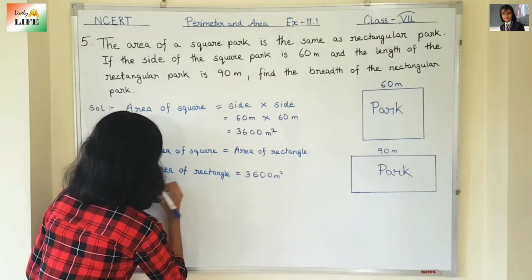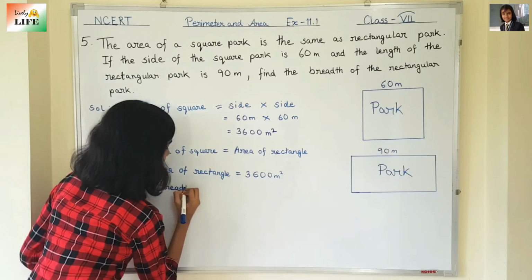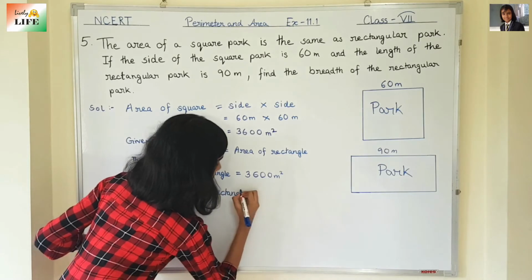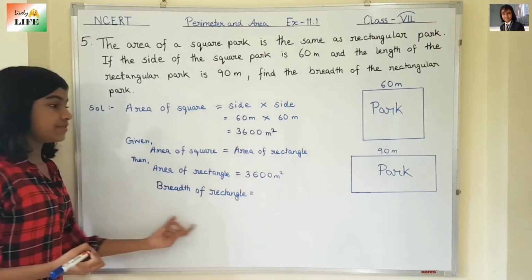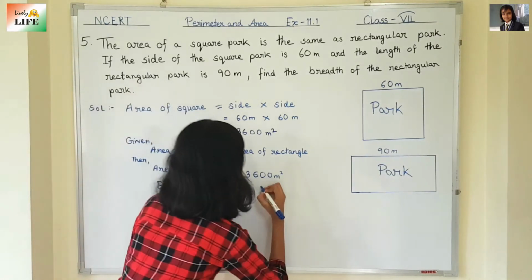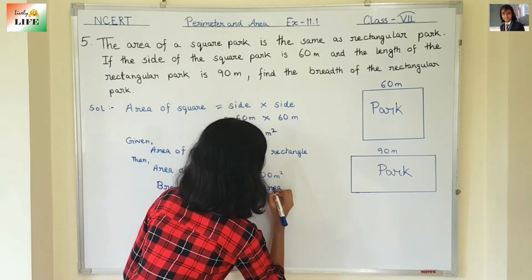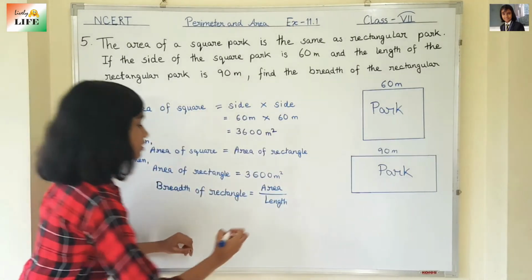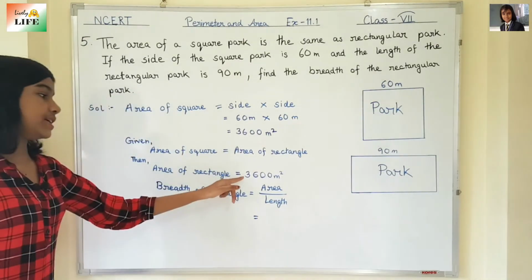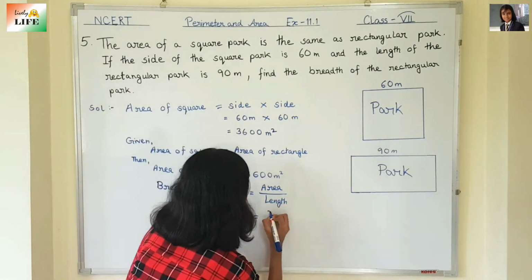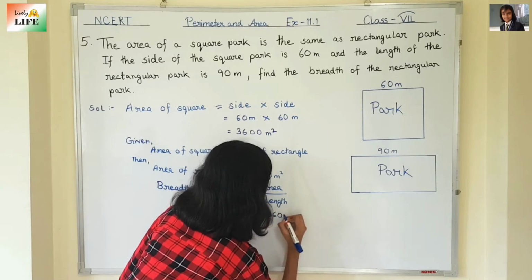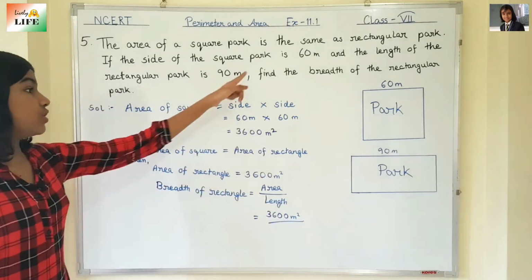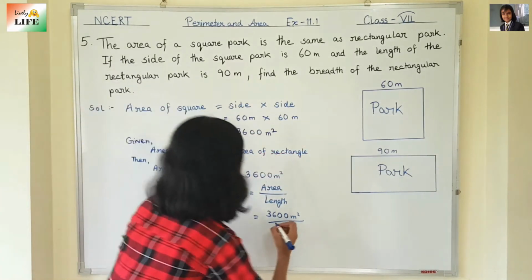Breadth of rectangle is area by length. Right? What is the area? It is 3600 meter square. Meter square by what is the length? It is already given, 90 meter.